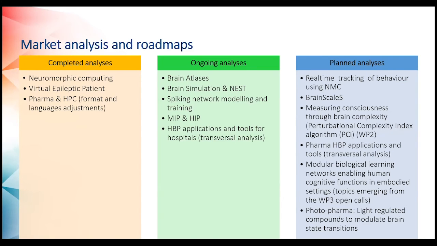We are also working intensively on a brain simulation report with a focus on NEST. We have already agreed with the NEST people to make this market analysis. We have initiated, and we are actually finalizing, a report on spiking network modeling and training.